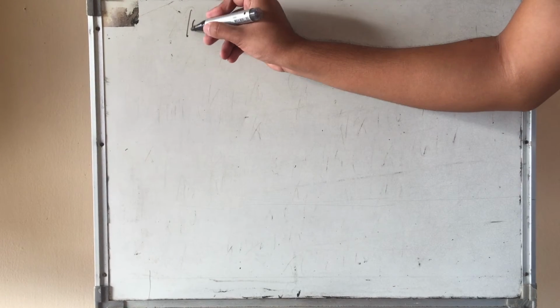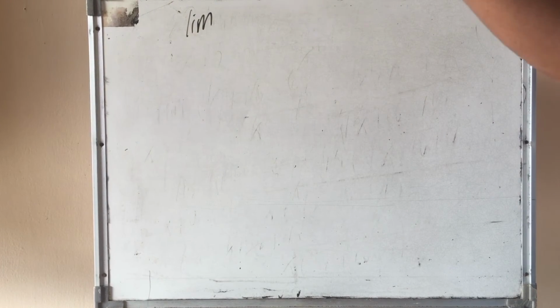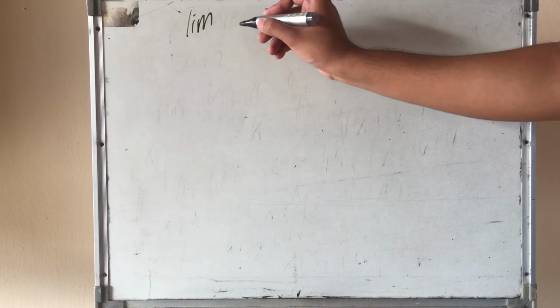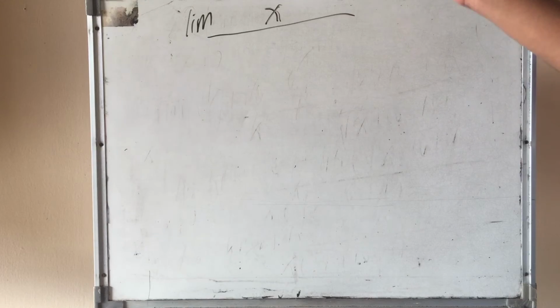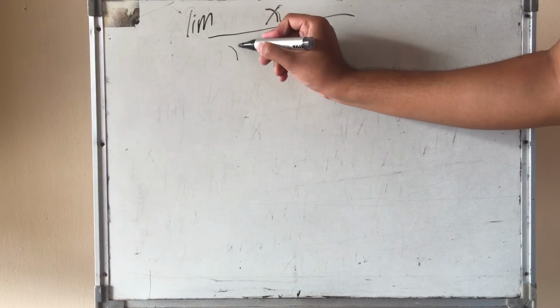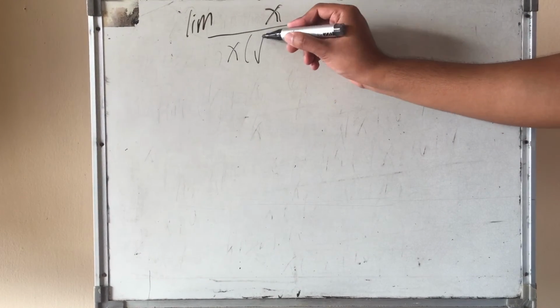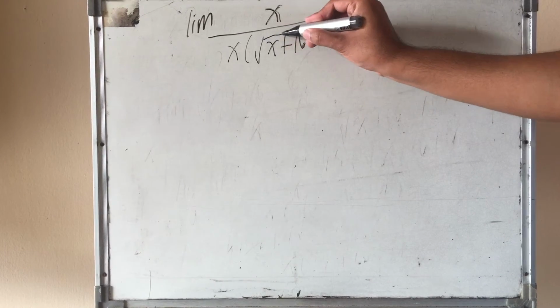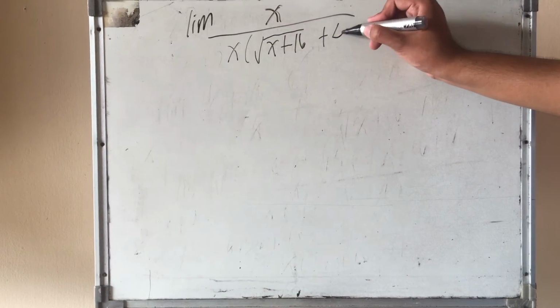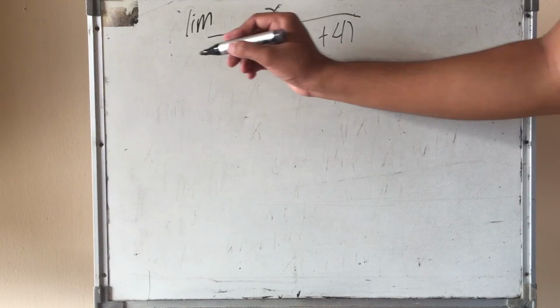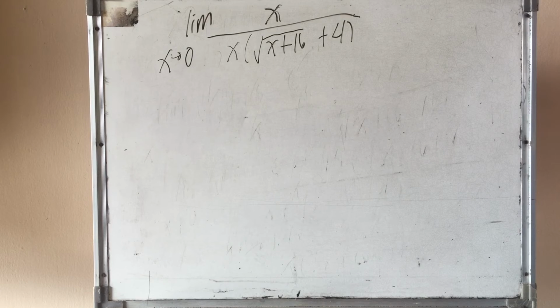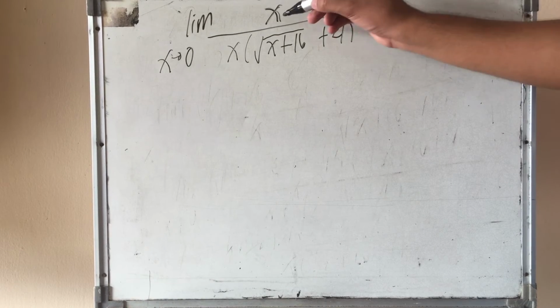So simplifying our equation, we have the limit of x divided by x times the quantity square root of x plus 16 plus 4 as x approaches 0. So we then again cancel out x.